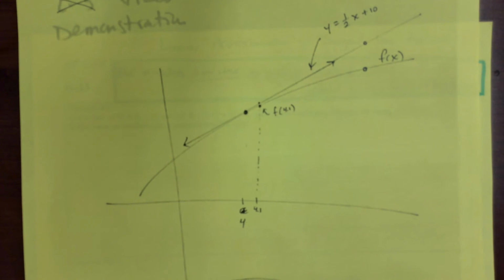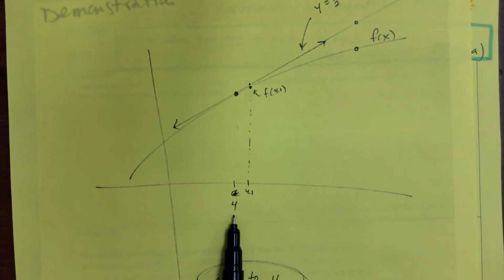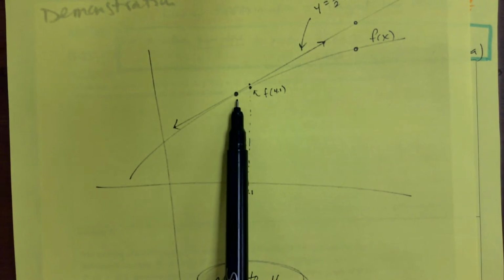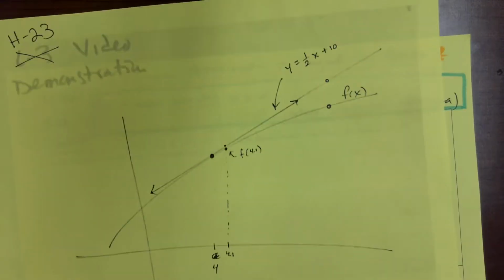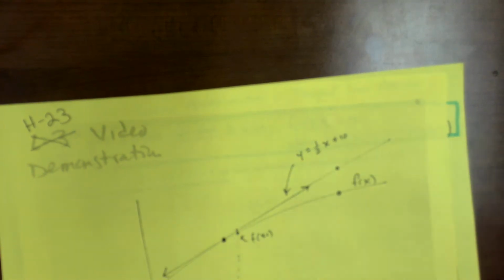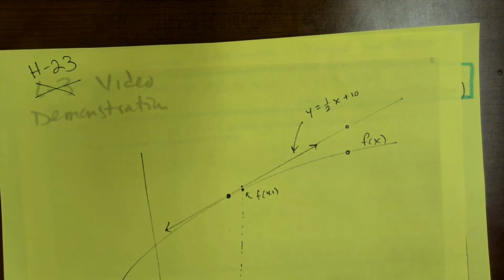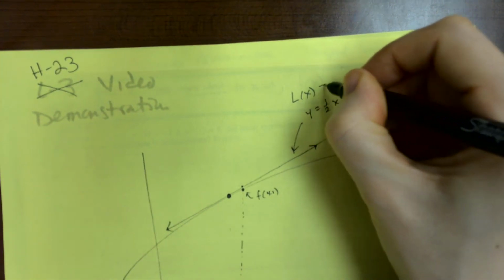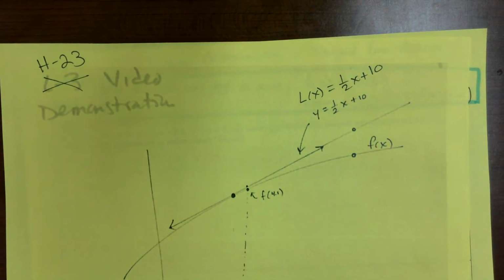Here we have this function f, and let's compare 4. I'm sorry for the blurriness. 4 is the point of tangency. If the tangent line is y equals 1/2 x plus 10, then that is saying L of x is equal to 1/2 x plus 10, if we're thinking of the tangent line in terms of linear approximation.